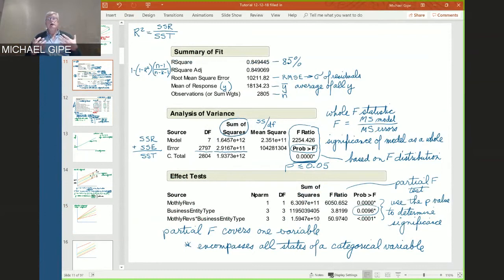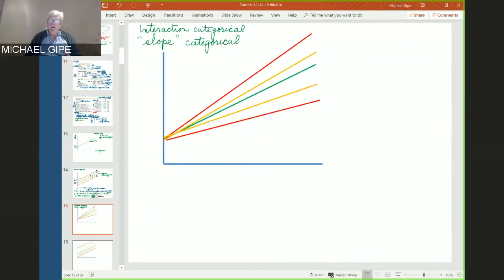So it's the interaction of the categorical with the effect of the monthly revenue continuous variable. And because we're multiplying those together, it is not shifting the regression line, but changing the slope based on monthly revenues. So for each particular level of the categorical, the effect of the monthly revenues, X, is different.